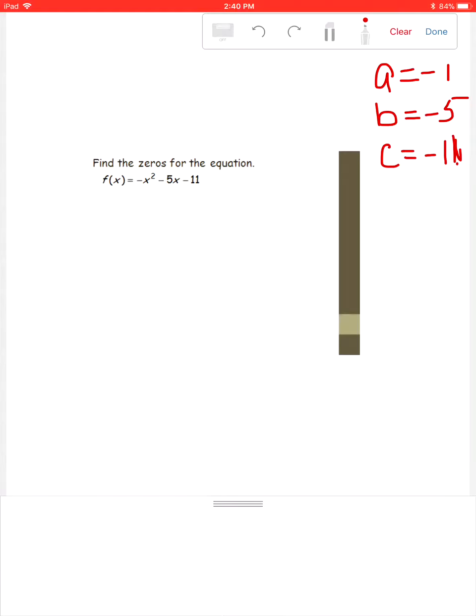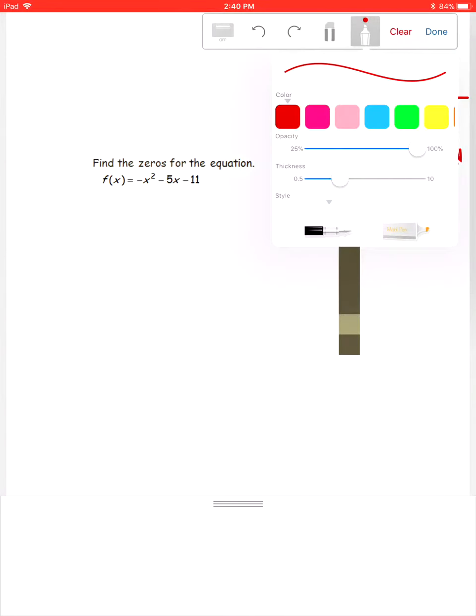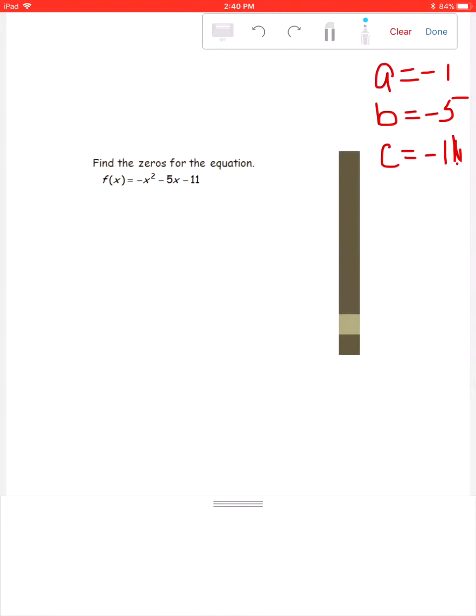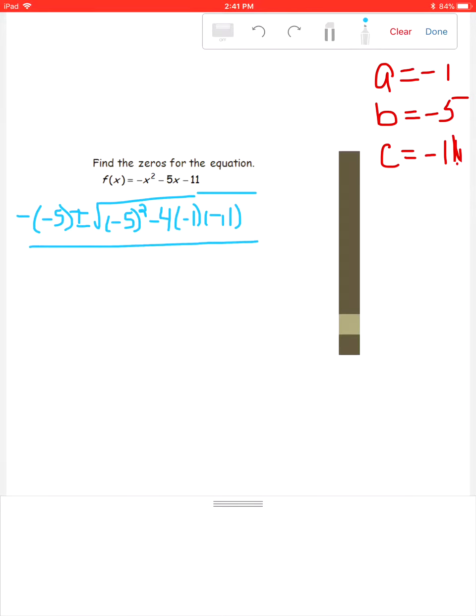So now plug it in. So the opposite of negative 5 plus or minus the square root of negative 5 squared minus 4 times negative 1 times negative 11 all over 2 times negative 1.